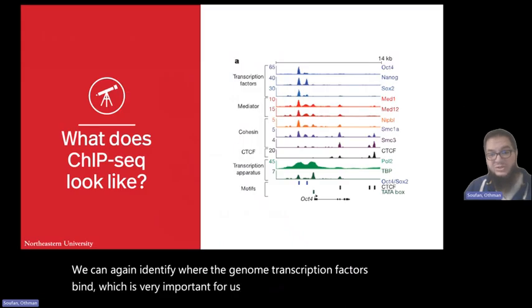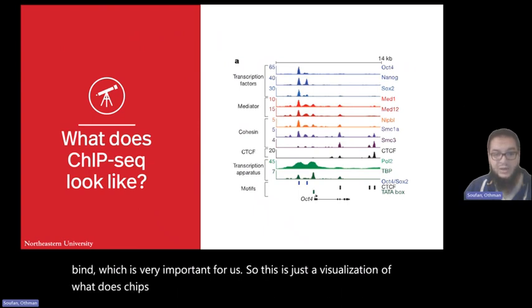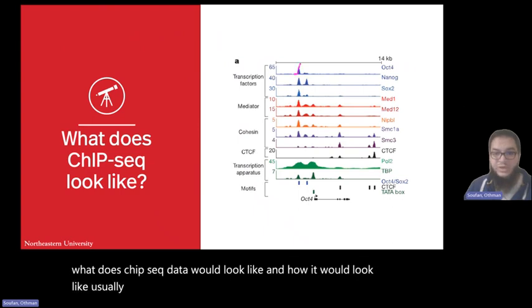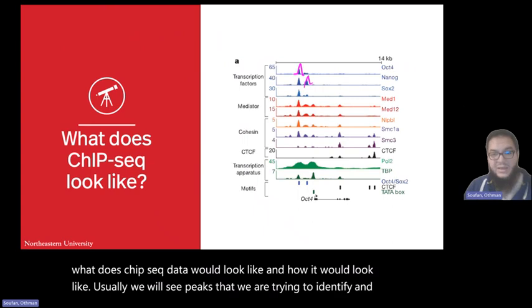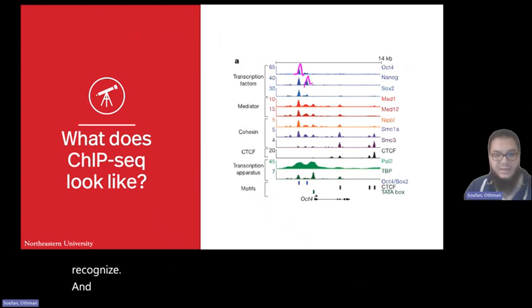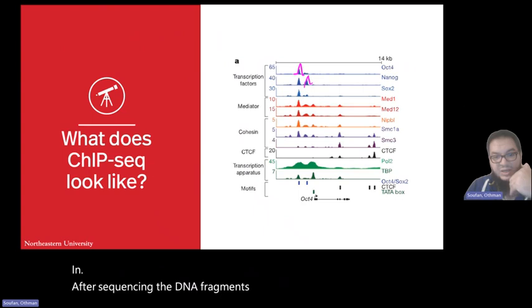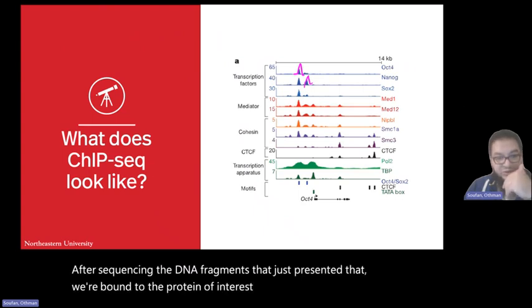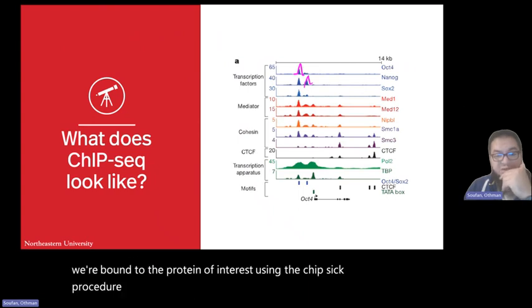So this is just a visualization of what ChIP-Seq data would look like. Usually we'll see peaks that we are trying to identify and recognize. And after sequencing the DNA fragments that were bound to the protein of interest using the ChIP-Seq procedure, there will be a set of sequencing reads.